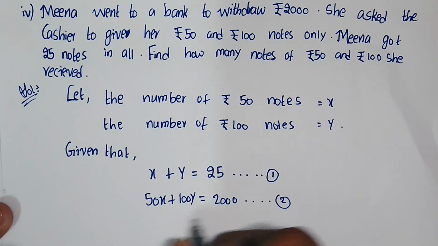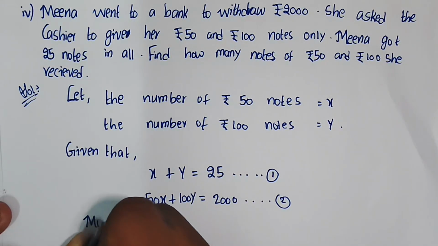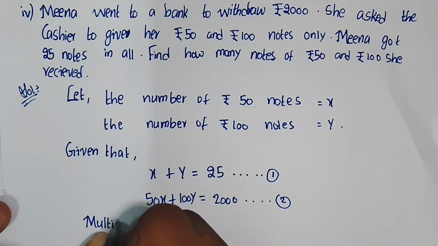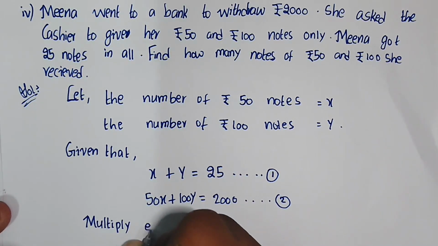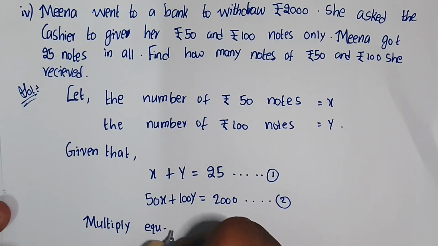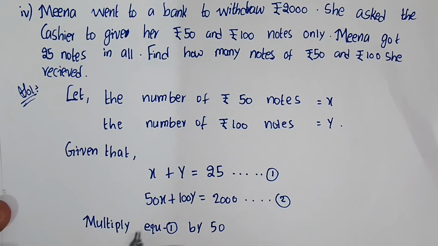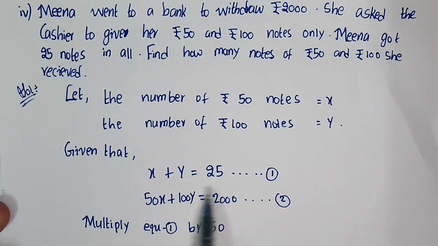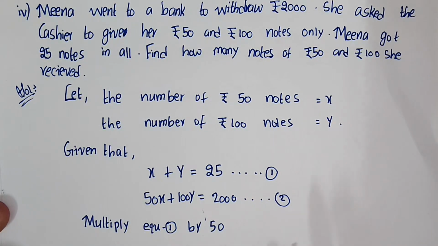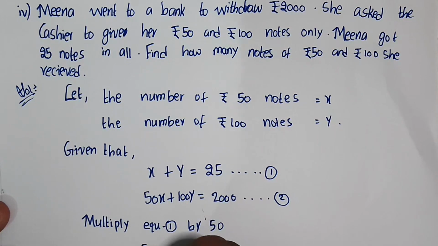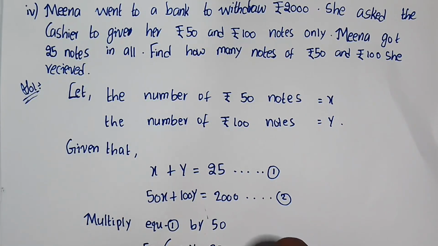Now, multiply equation 1 by 50. I am multiplying the whole equation by 50. So 50 into x plus y equals 25.